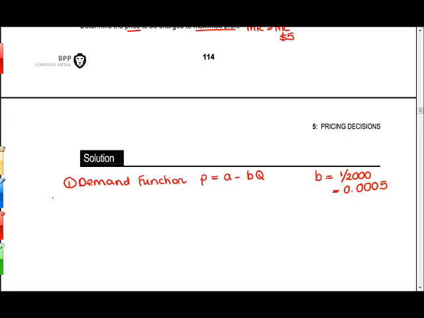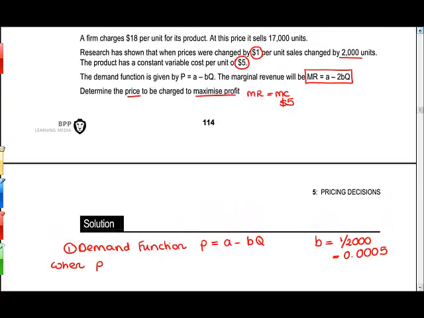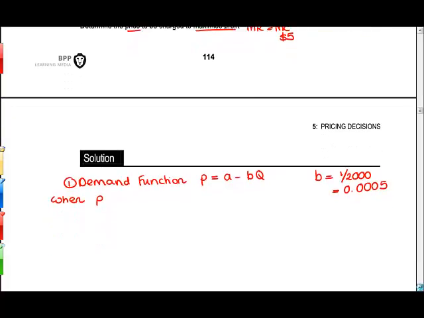What we need to do now then is say, well, we know at the moment what the selling price is, and we know what the quantity is because we're given it in the scenario. So at the moment they charge $18 and sell 17,000 units.